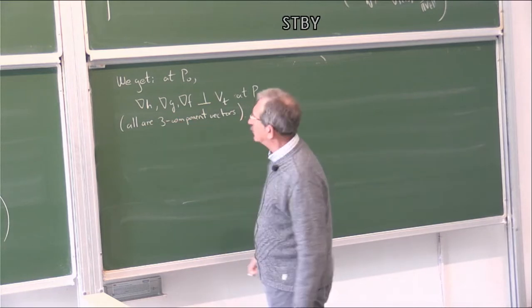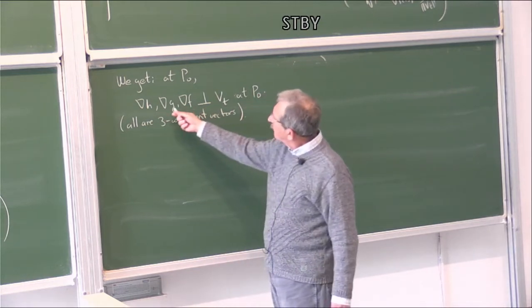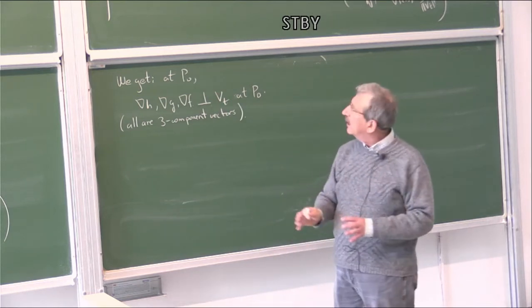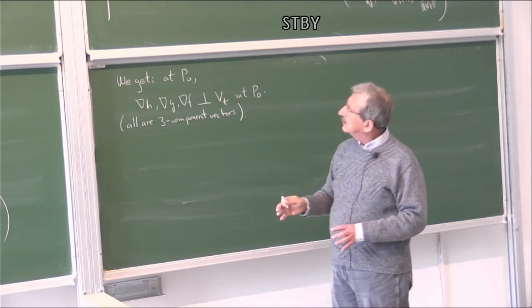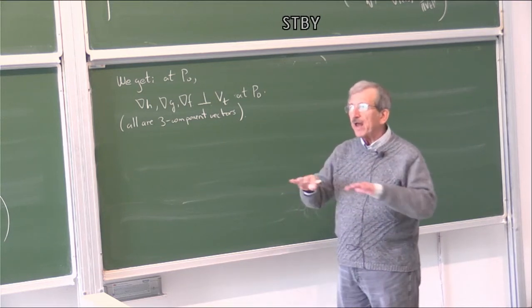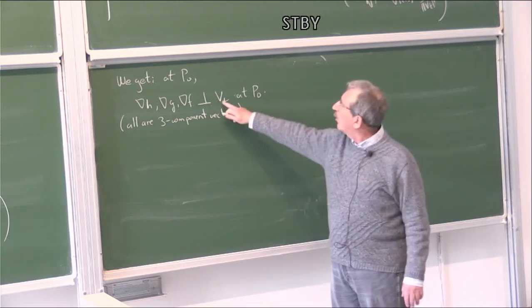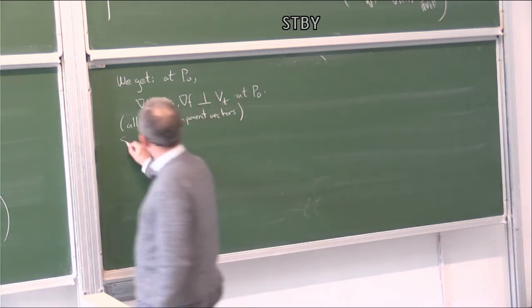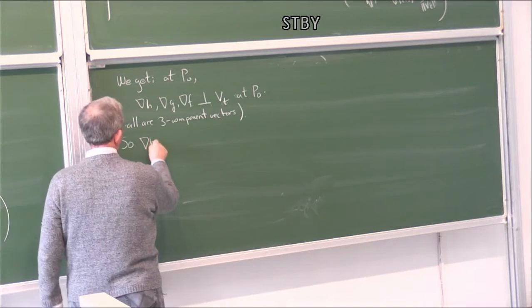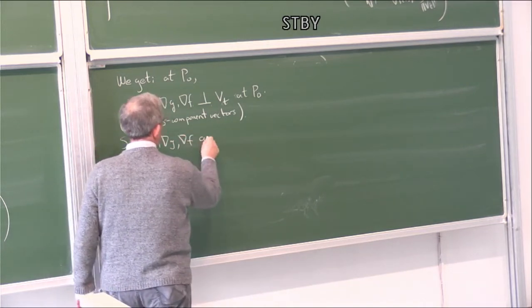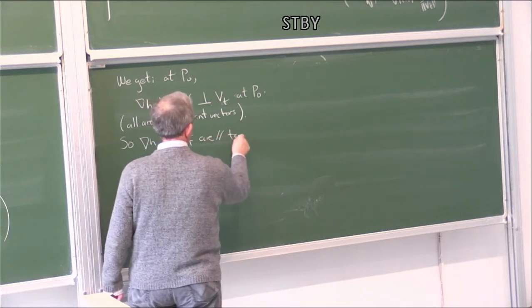Similar to the previous case, if you have 3 vectors perpendicular to Vt, this means that all three vectors are in a plane, or parallel to a plane, with normal Vt.